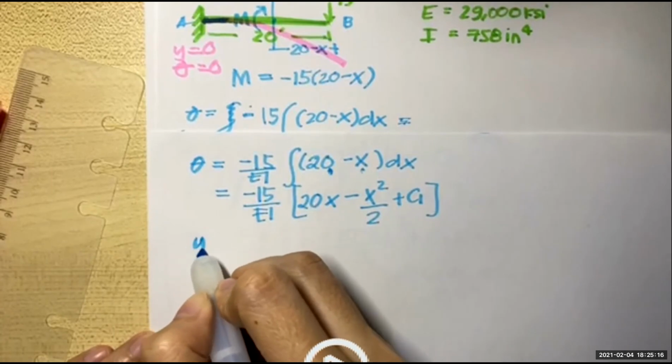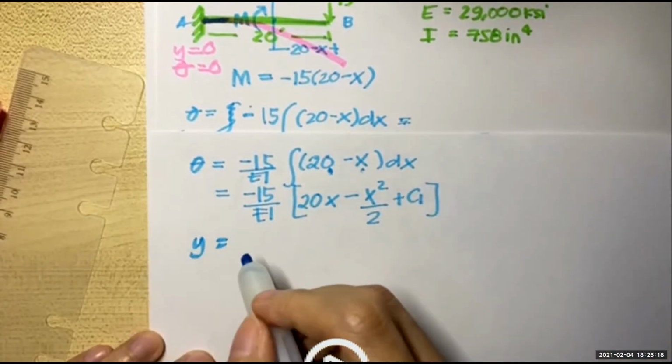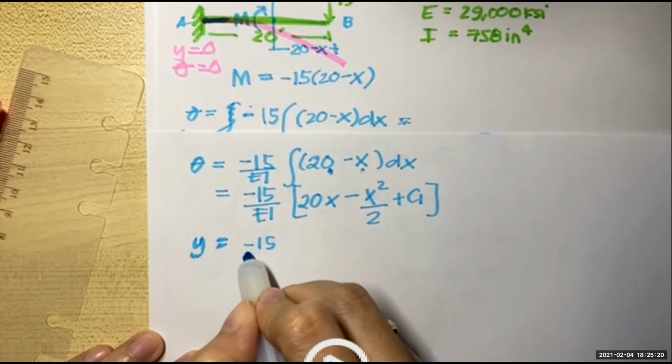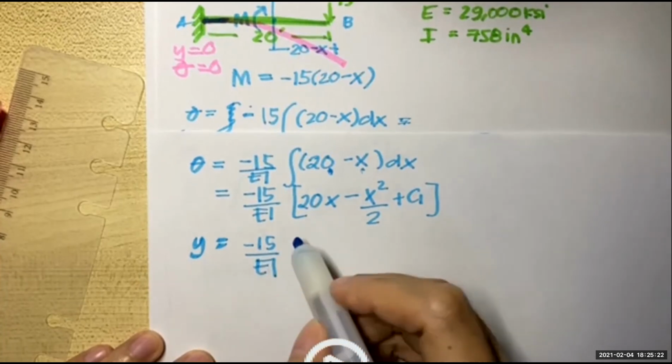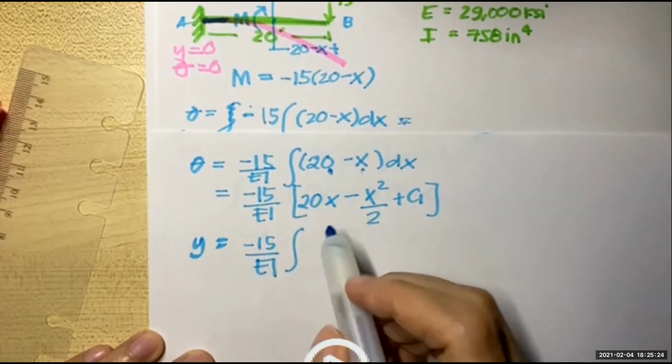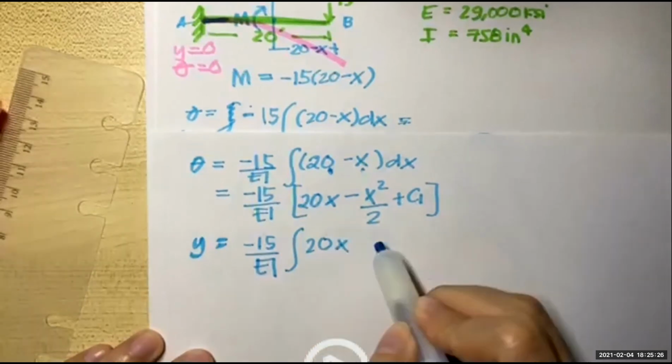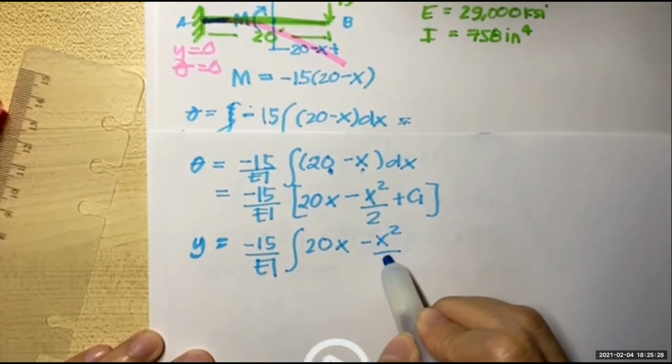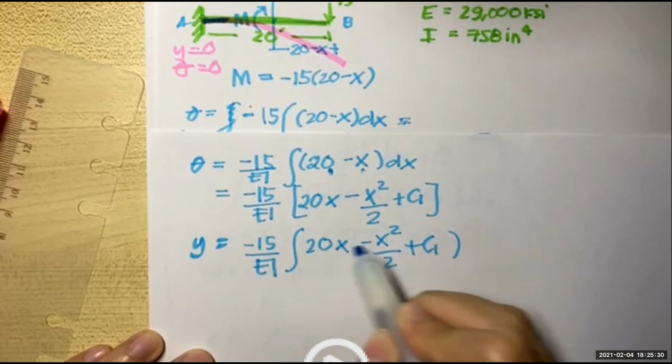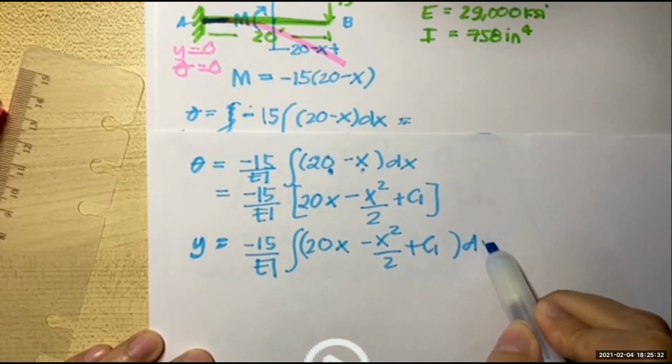This is 20 minus x. You need to integrate it individually. Since this is 20, we get 20x, then x squared over 2 plus C1, the integrating constant. Then for y, integrate it again once. So negative 15 over EI, integral of 20x minus x squared over 2 plus C1 dx.